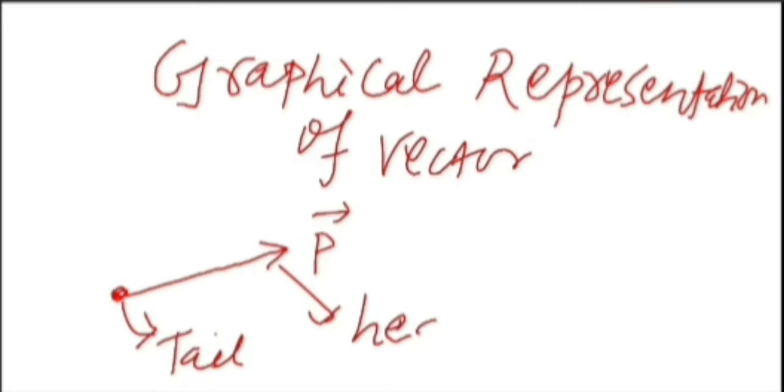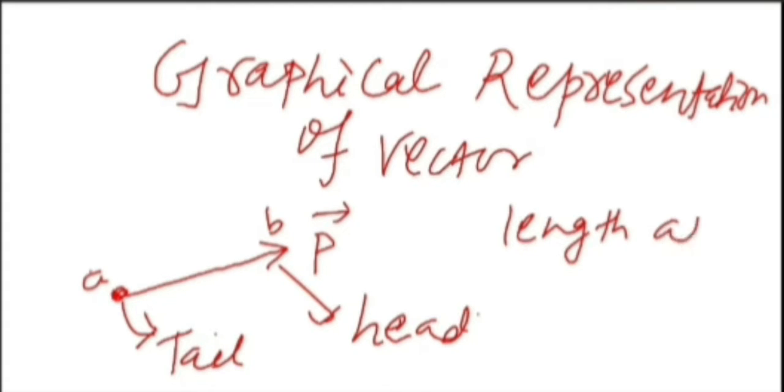Suppose the originating point is A and the terminating point is B, then the length of line segment AB is the magnitude of vector P.